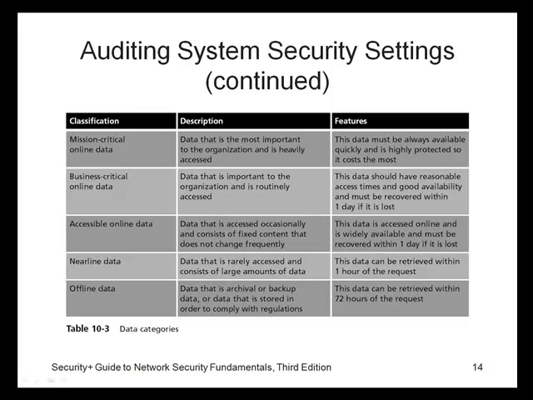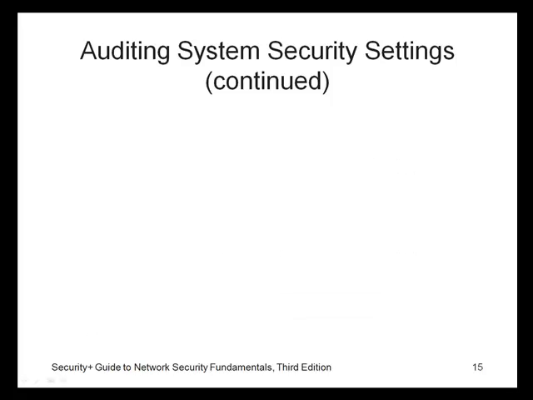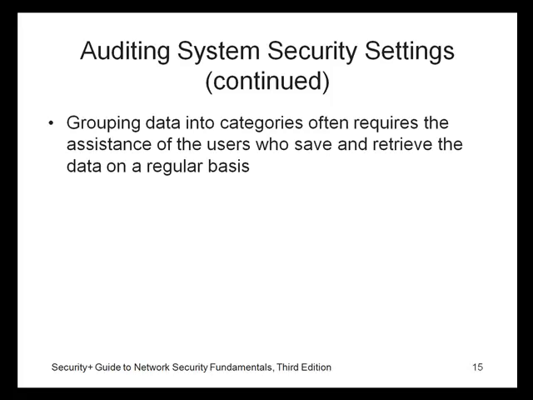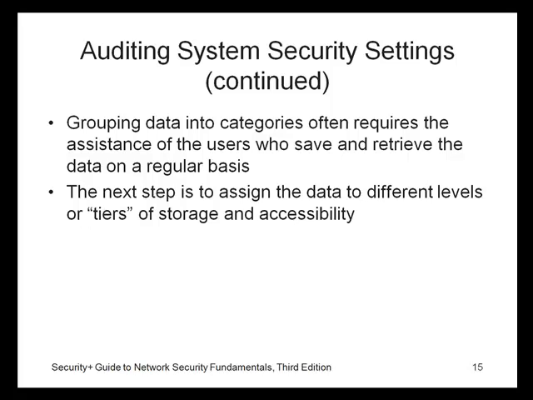The military uses the levels unclassified, confidential, secret, top secret. Did I get them all? And in the top secret world, they have some sub-classifications. Grouping data into categories often requires the assistance of users who save and retrieve the data on a regular basis. How do you decide how sensitive information is? That's something that's going to have to be defined by the company itself.